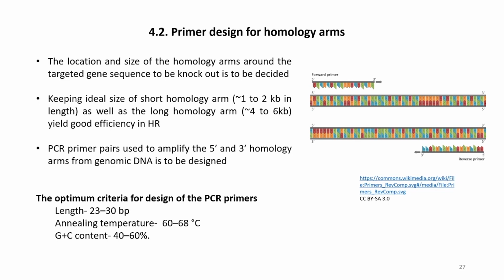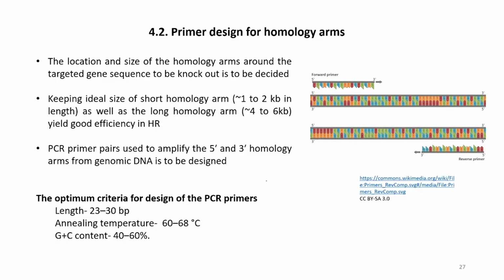The PCR primer pairs used to amplify the 5' and the 3' homology arms from the genomic DNA is to be designed, and there are various online softwares through which you can go for the primer design optimization. In general, however, the optimum criteria for PCR primer design are as below.